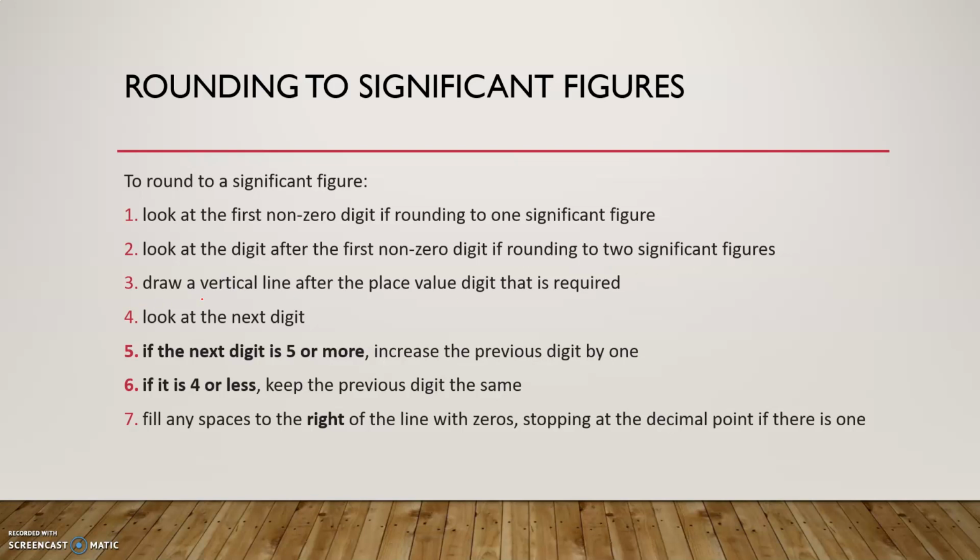Rule number 3, draw a vertical line after the place value digit that is required. Rule number 4, look at the next digit. Rule number 5, if the next digit is 5 or more, increase the previous digit by 1. Rule number 6, if it's 4 or less, keep the previous digit the same. And the last rule is to fill any spaces to the right of the line with zeros, stopping at the decimal point if there is one.